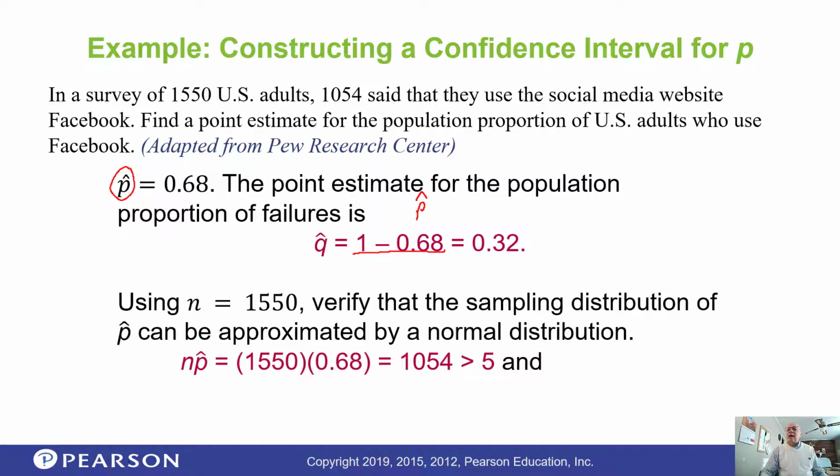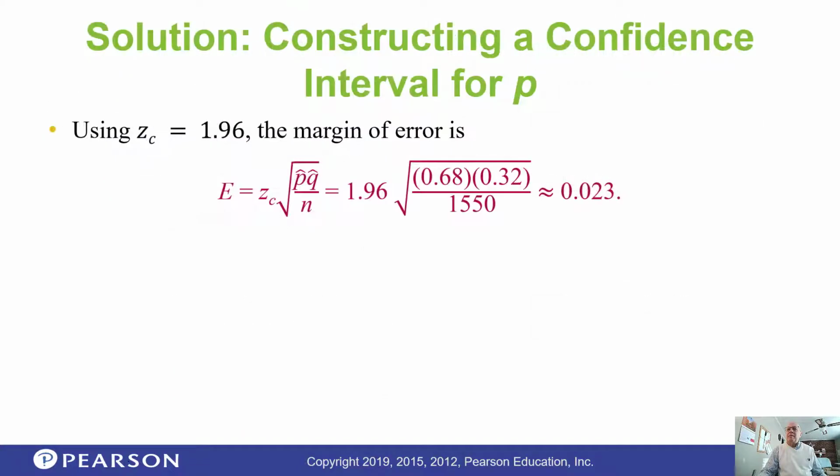Check to see whether that's greater than or equal to 5. Bingo. Way over 5. Good. Check n q hat. Way over 5 again. You're in good shape. So what we have is something that's very close to a normal distribution. Nothing's perfect, but it suffices.